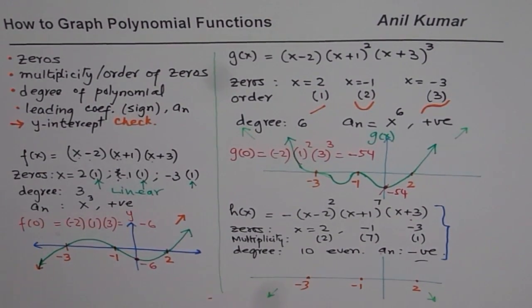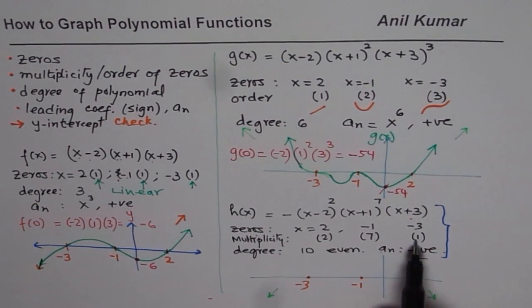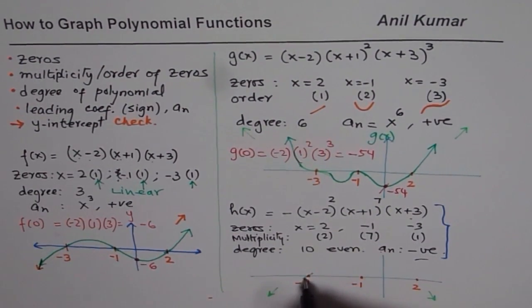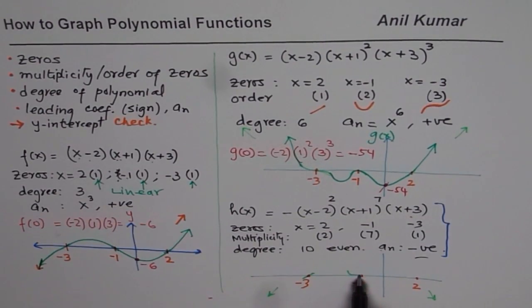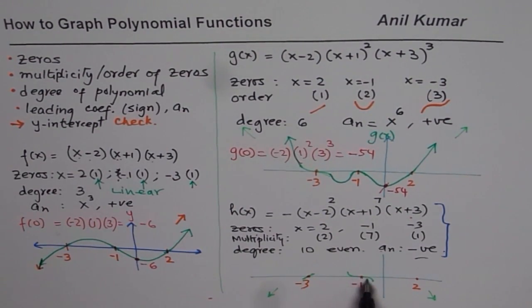Do you see that? Now, we'll begin by defining the graph at the x-intercepts. At minus 3, multiplicity is 1, so the graph is going to cross like a line. At minus 1, it is 7, so it will be more flat, like a cubic function, very, very flat.